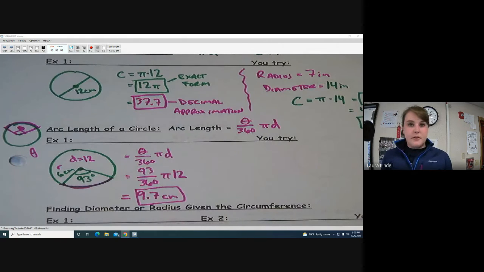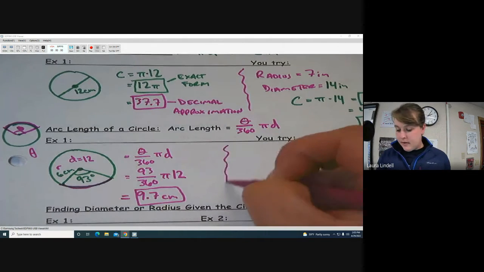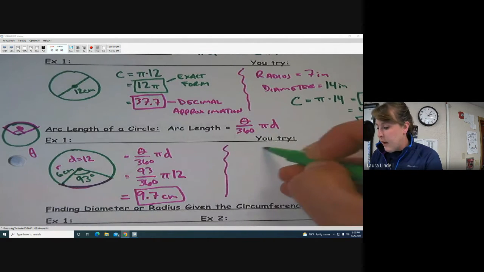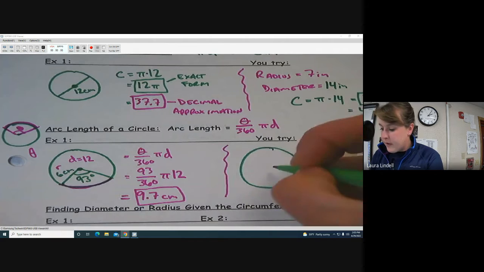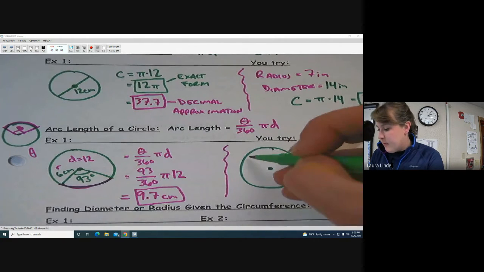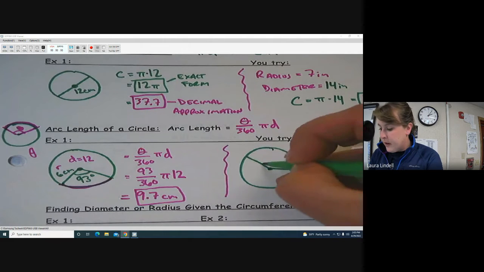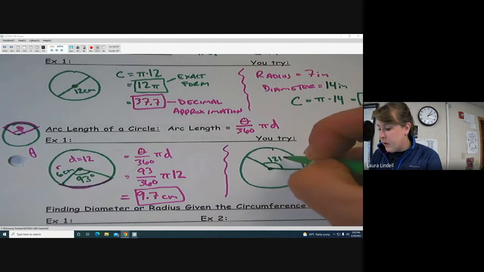All right, so your turn to try. Using the same process, we're going to have our circle. Here's our angle. I'm going to give you 121 degrees.